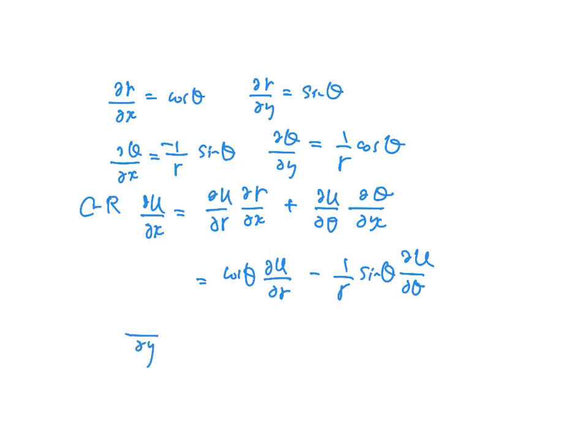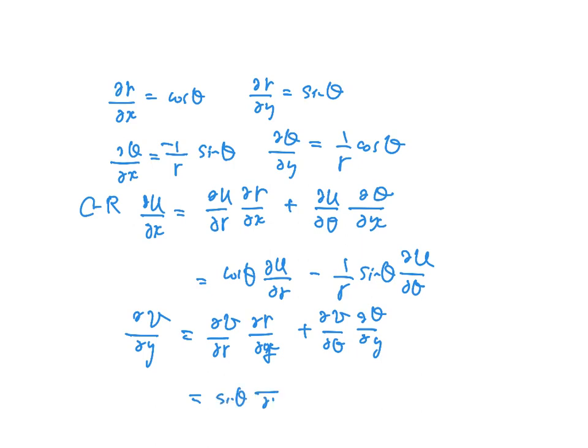And partial v partial y is partial v partial r times partial r partial y plus partial v partial theta times partial theta partial y. So this is sine theta partial v partial r plus 1 over r cosine theta partial v partial theta. Something is missing.